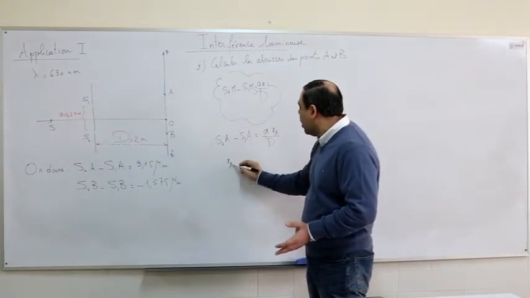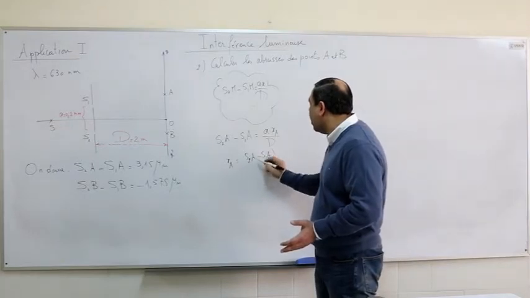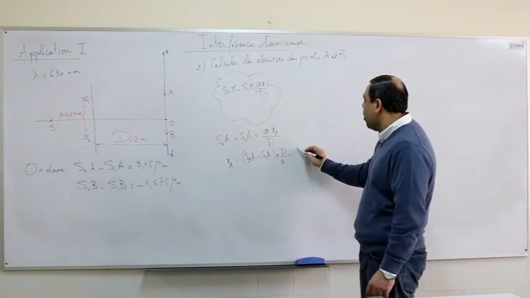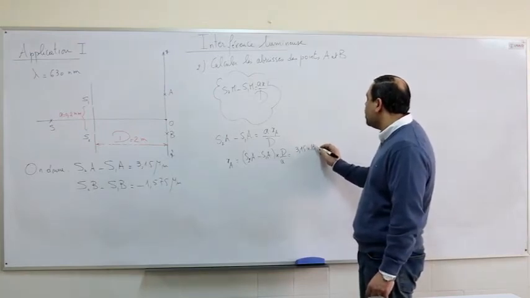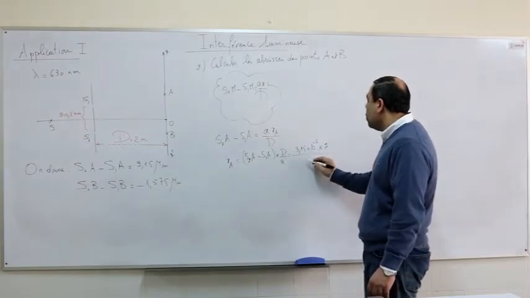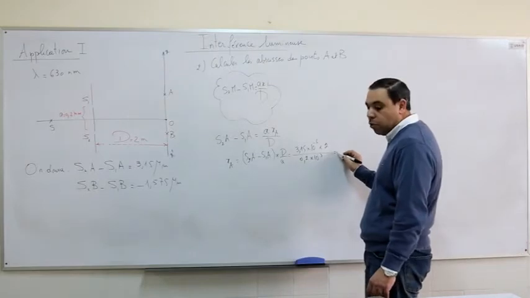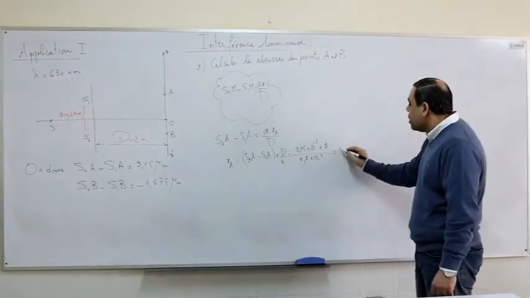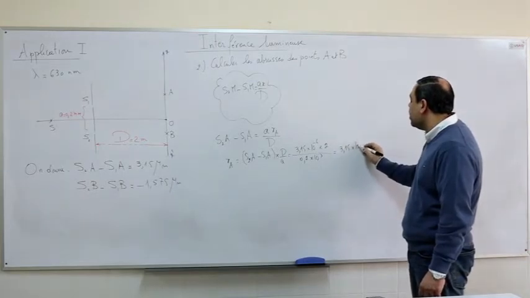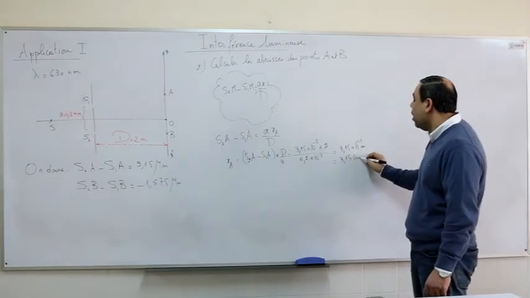XA is equal to S2a minus S1a times D over A, which is equal to 3.15 times 10 exponent minus 6 times 2 over 0.2 times 10 exponent minus 3. And the answer is 3.15 times 10 exponent minus 2, or 3.15 centimeters.